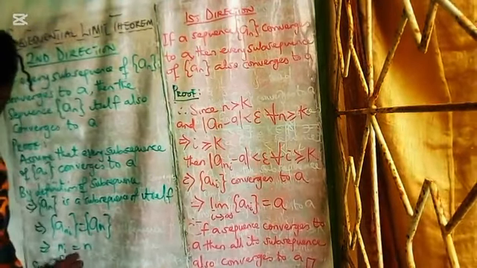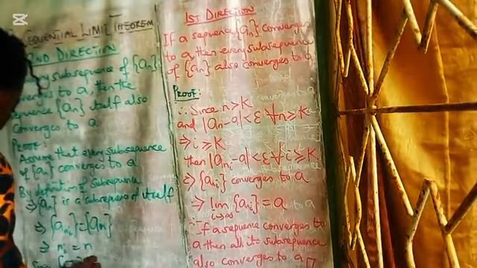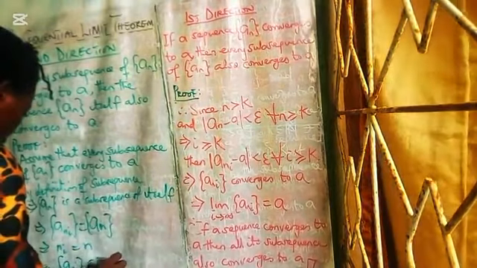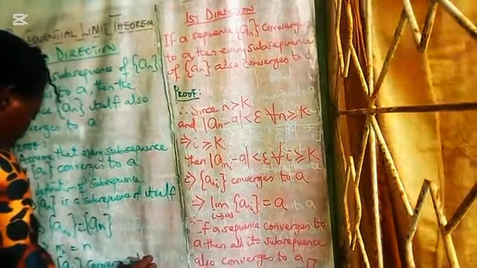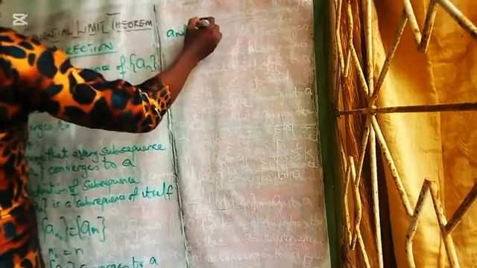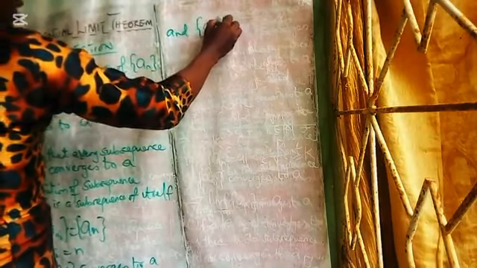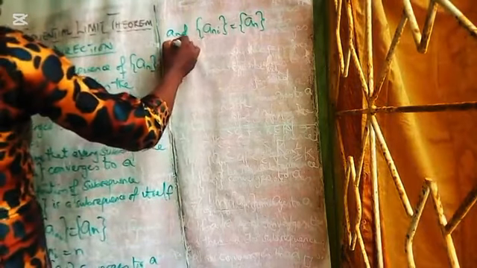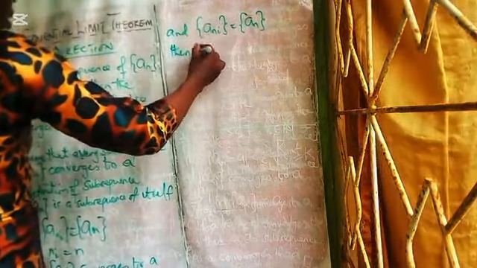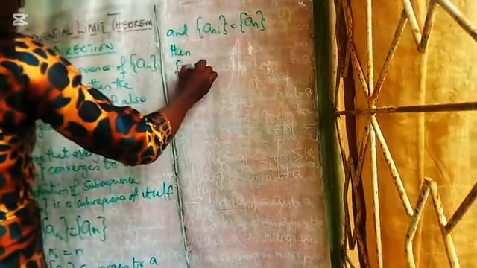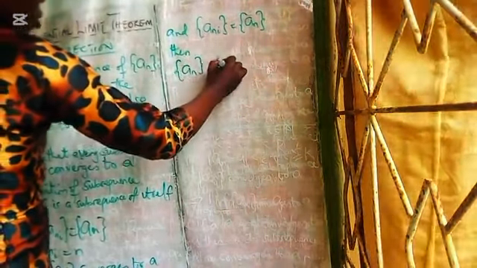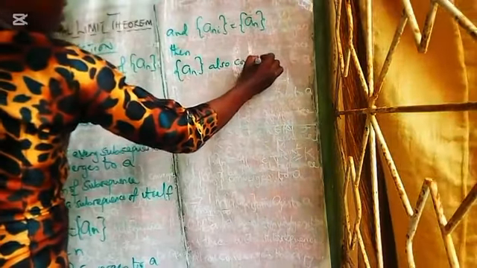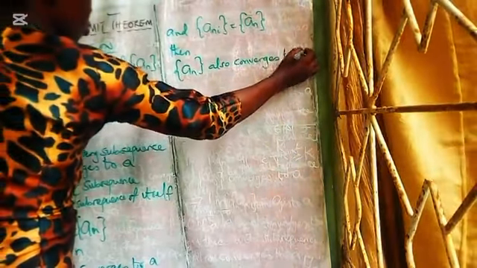Since A sub ni converges to A, and A sub ni is equal to A sub n, then A sub n also converges to A.